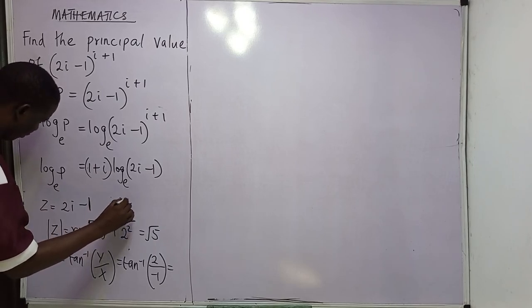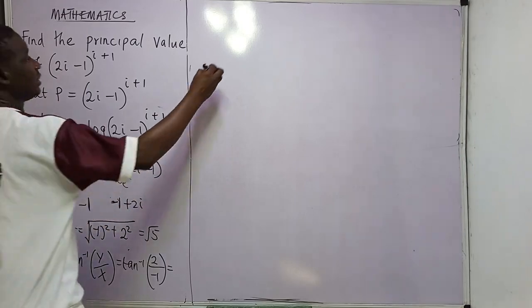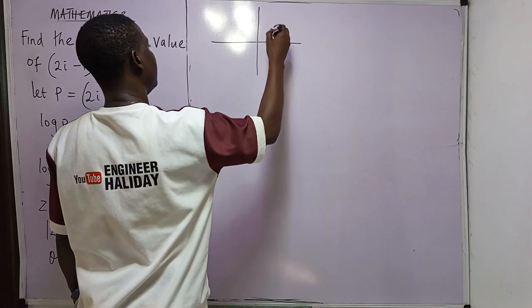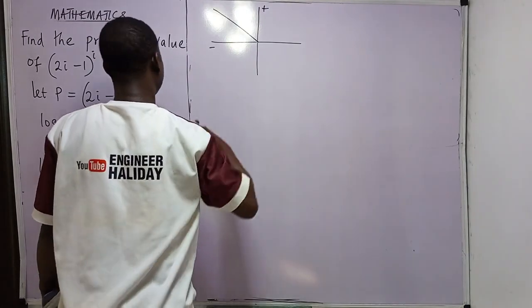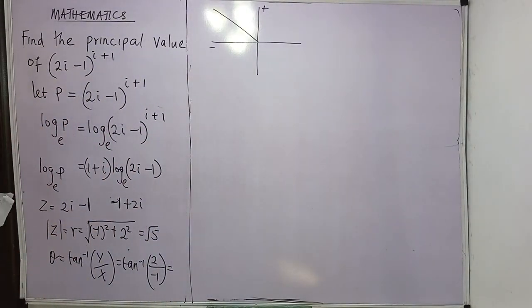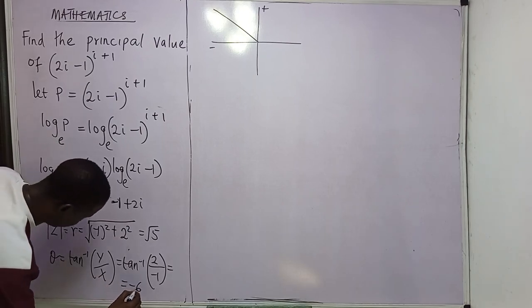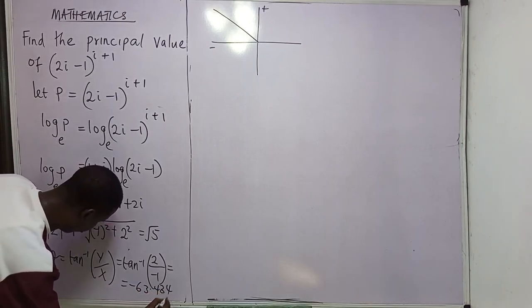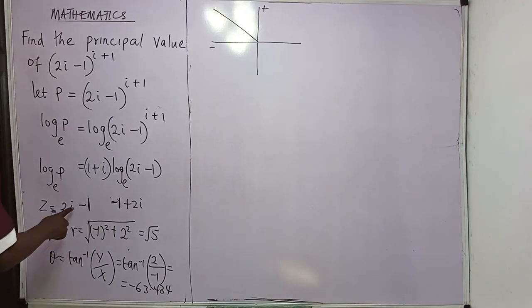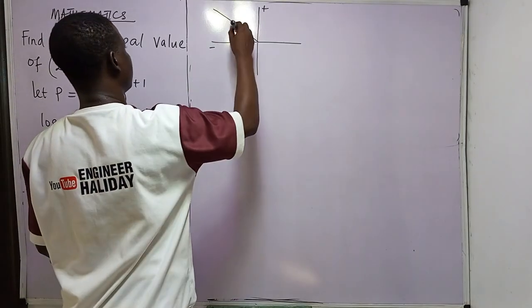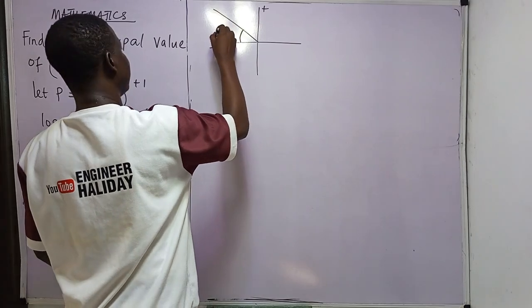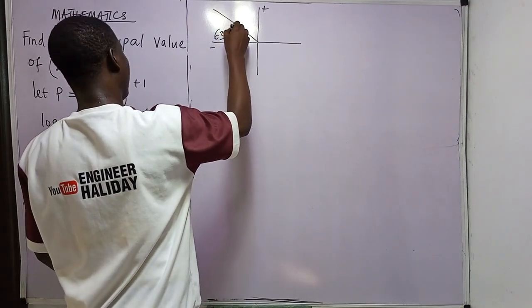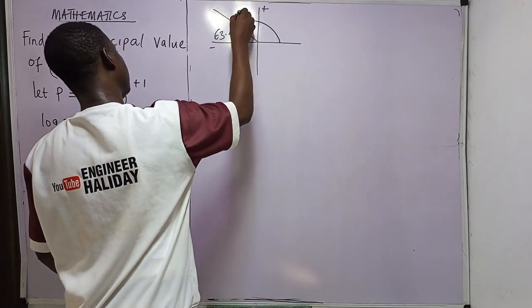Minus x plus y is the second quadrant, because x is negative 1 and y is positive 2. So to find the argument, because this one is already minus 63.434, we are looking for the second quadrant value.